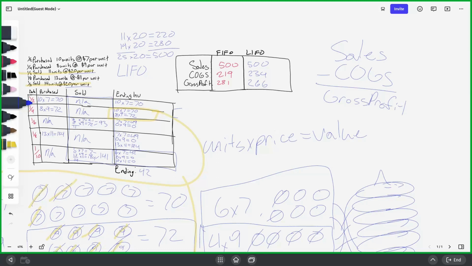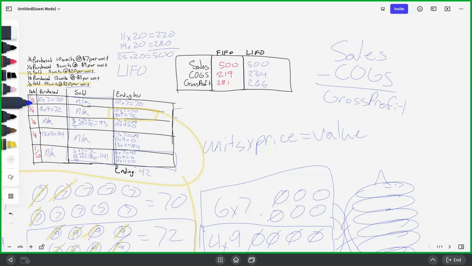In this case, with LIFO, because the value of our items kept getting more expensive, the more times we were buying them, our cost of goods sold was much higher than it was over in FIFO. Because with FIFO, we were selling the cheaper items first. We were selling that cheaper inventory, making sure that we have a nicer gross profit.